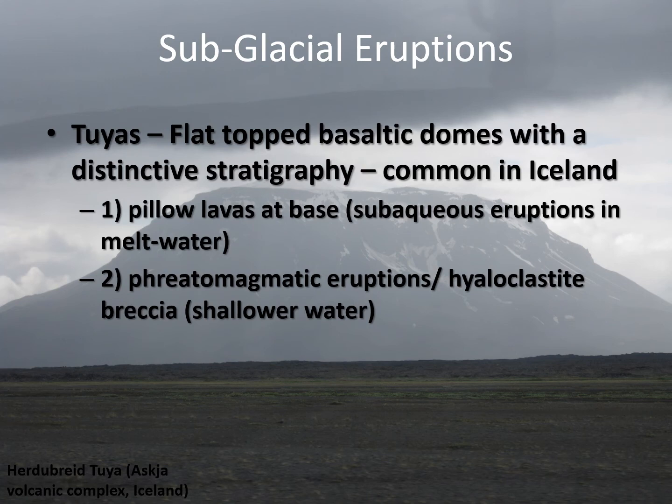We have gases coming out, heat, and when you have acids and water and heat, you have a very vigorous system for producing hydrothermal alteration. So a lot of those ash particles actually turn to clay pretty quick, and that's where that term hyaloclastite comes from.